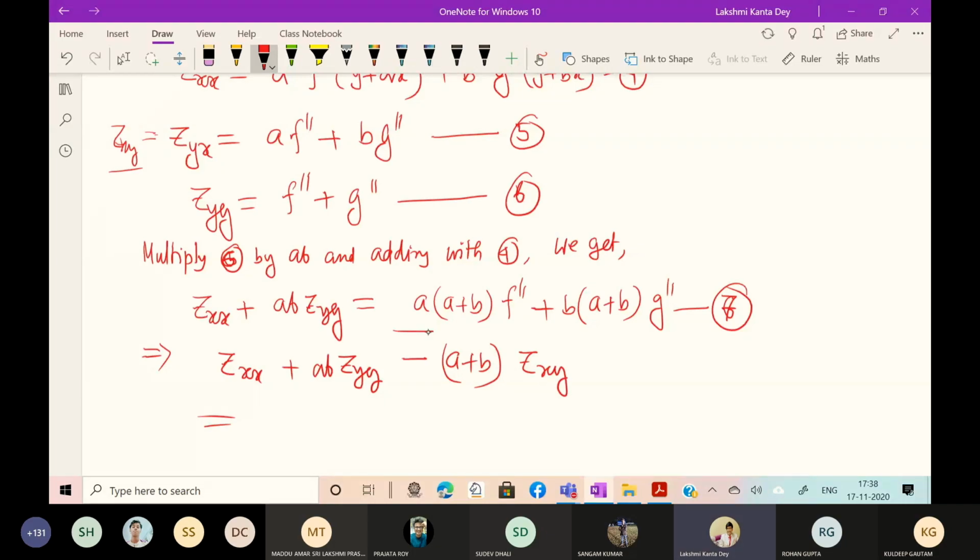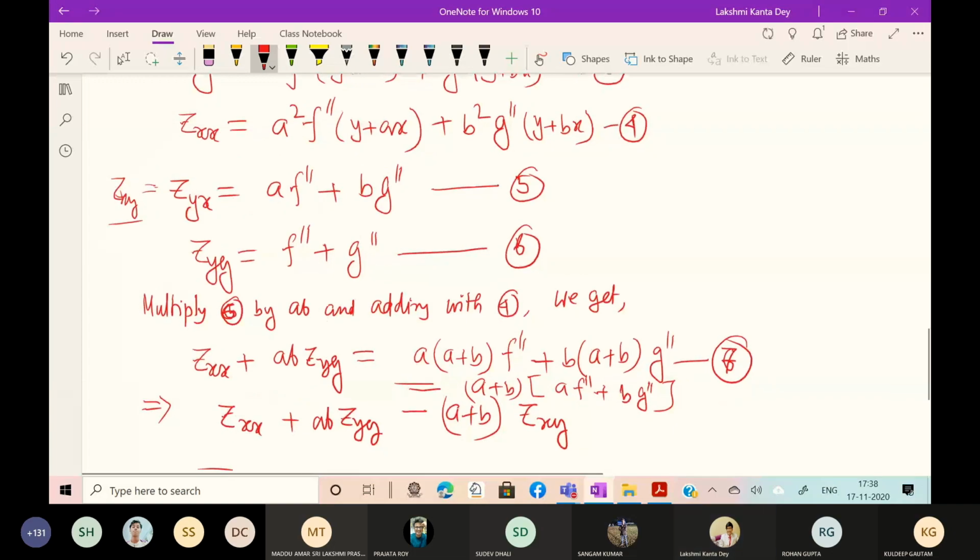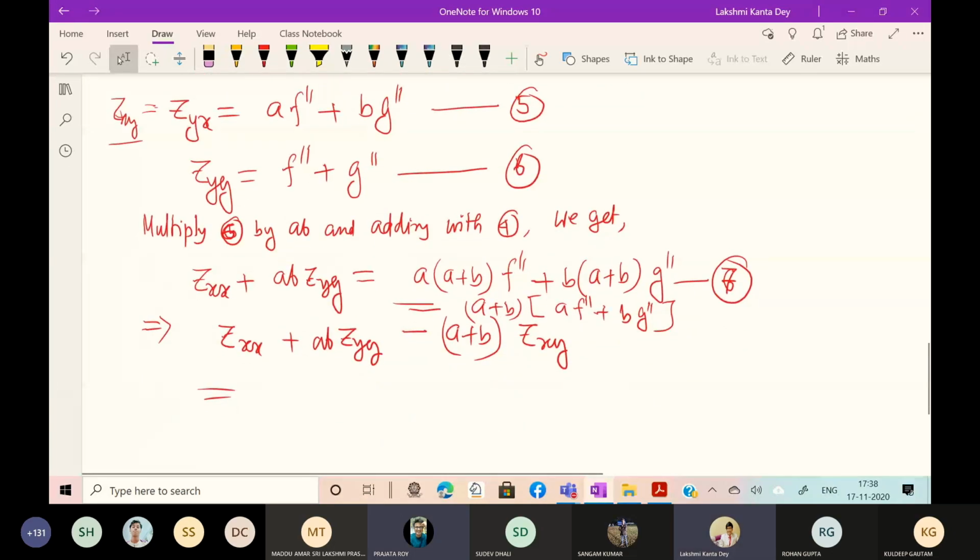I can make it easier. I can take A plus B common, so that it will be A f double dash plus B g double dash. What is A f double dash plus B g double dash? This is your Zxy from 5. So this will be 0. Clear? So we are getting it.